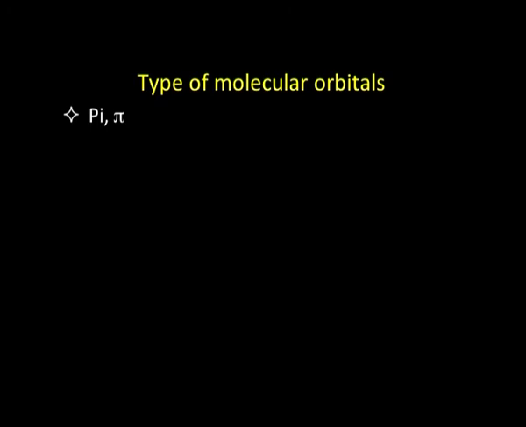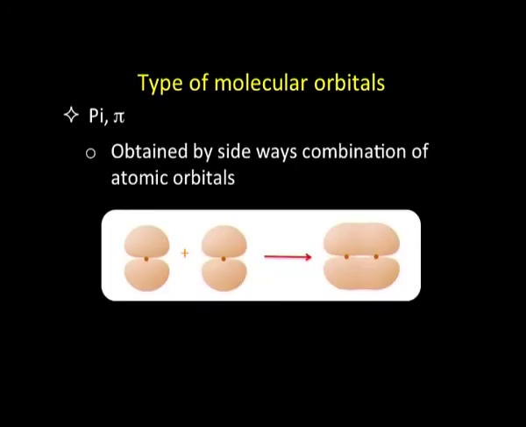The second possibility is that we can have pi molecular orbitals. Pi molecular orbitals are obtained by sideways combination of atomic orbitals. We will come to this as we proceed further: say the 2py orbital of atom 1 and the 2py of atom 2 combine together.